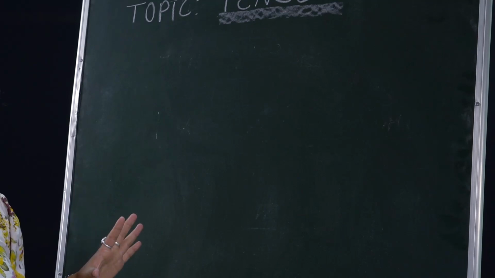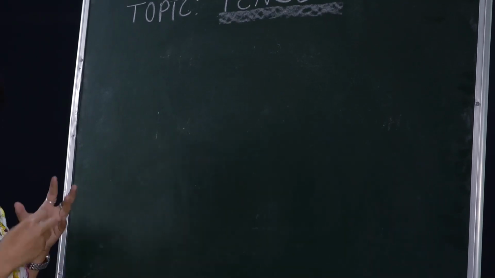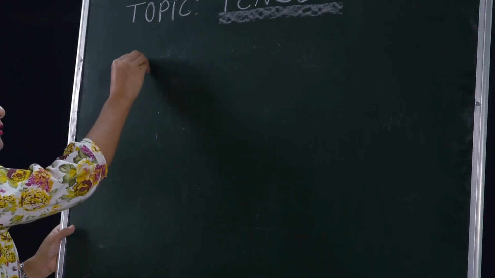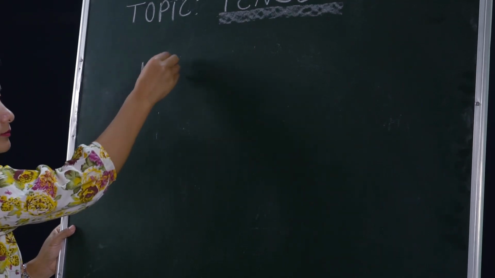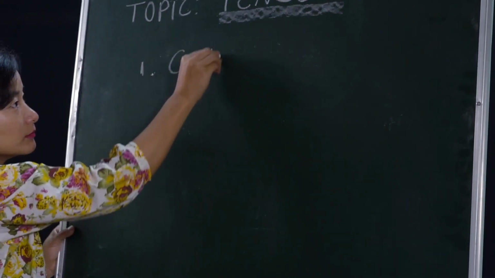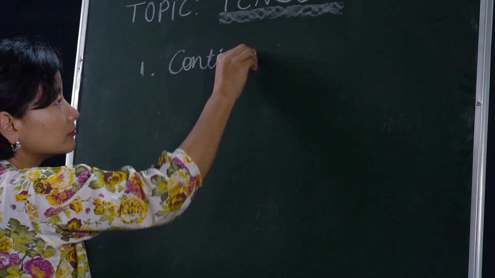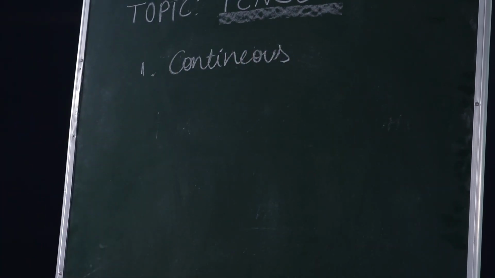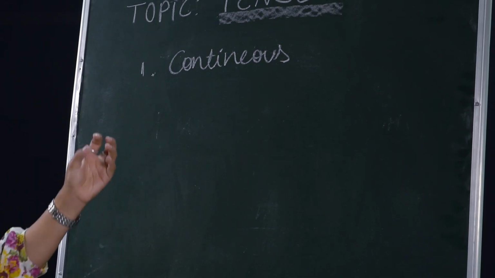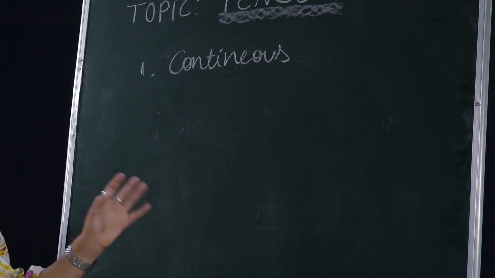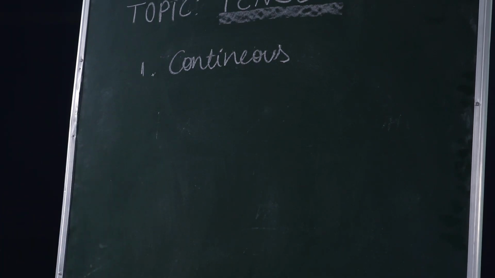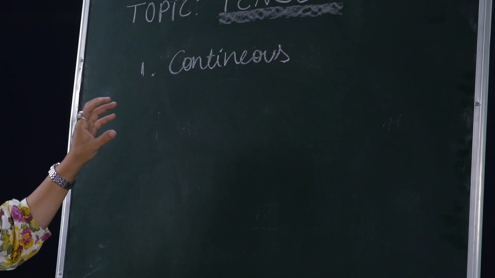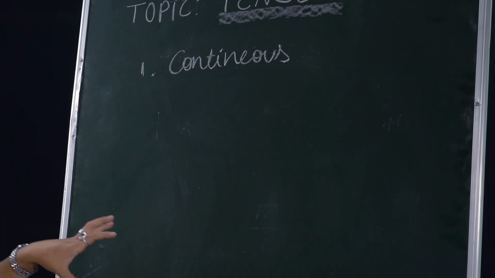The next thing that you have to remember before we get into the form is you need to write this down: continuous. Now, there is no such thing as continuous tense here, but we would be referring to past continuous, present continuous, future continuous, and so on. So these are some main key things that you need to remember.